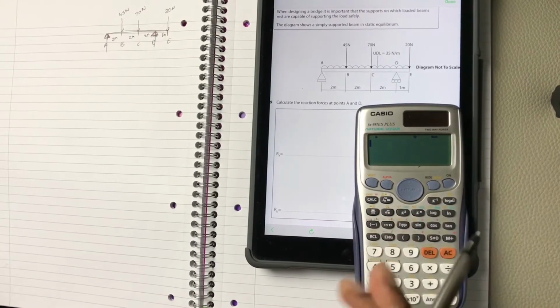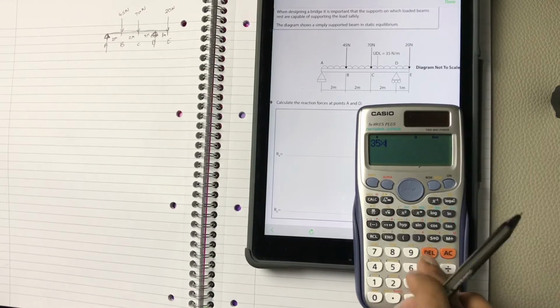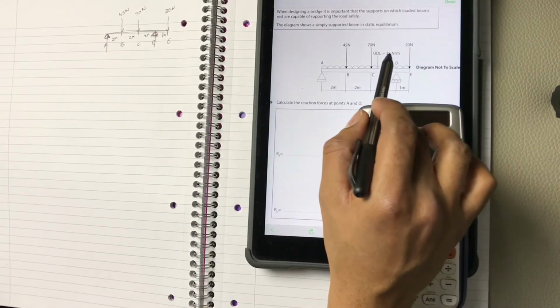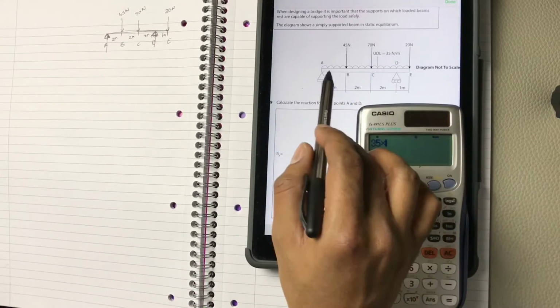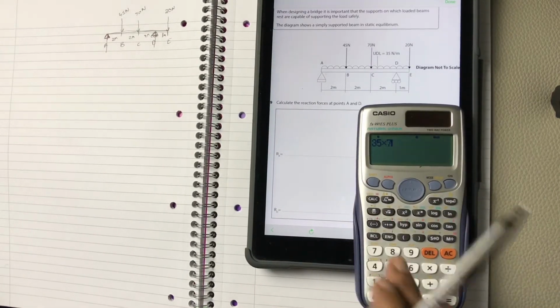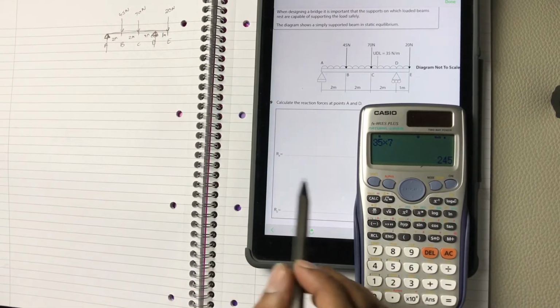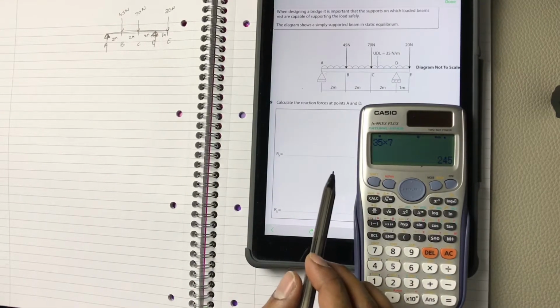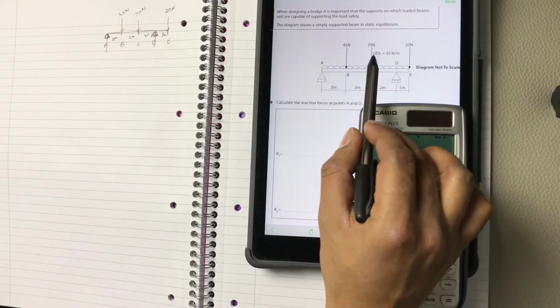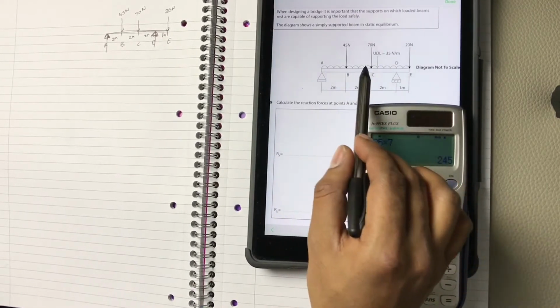First of all, we find the net load, which is 35 Newton per meter times the beam length of 7 meters. So the net load is 245 Newton. And where exactly will it be acting? Whenever you have a uniformly distributed load, it always acts at the midpoint.